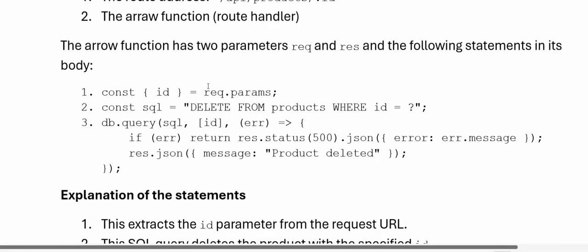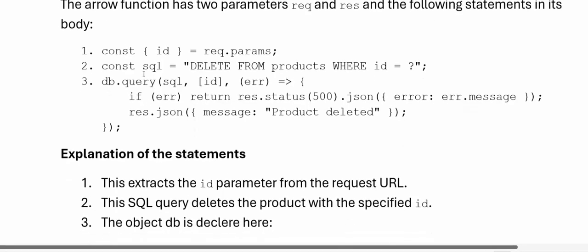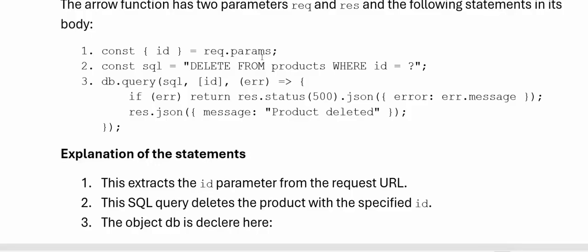The arrow function has two parameters, request and response, and the following statements in its body. Three statements. One, declaration of the constant ID, and instantiation, which means assigning a value, request.params. Number two, declaration of the variable sql.